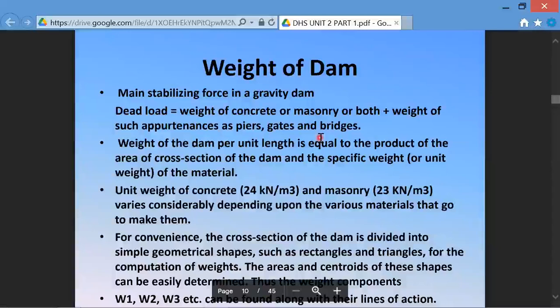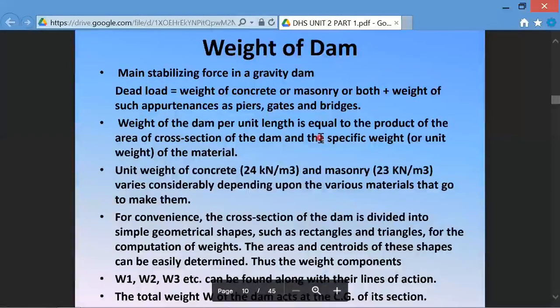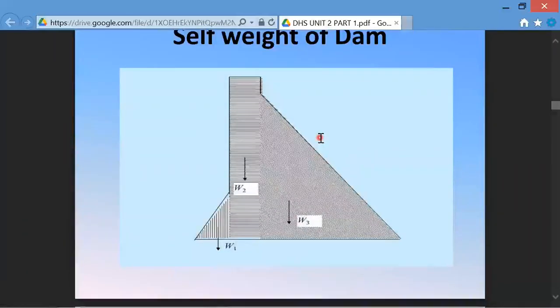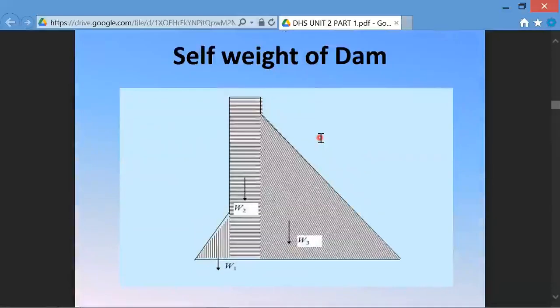Now you can understand this easily in the diagrams, why we split this diagram into various triangles. So this is the diagram for calculating the self weight of the dam. Here we have split this diagram into three major portions: W1, W2 and W3. W1 is triangular in shape, W2 is rectangular in shape, W3 is again triangular in shape.